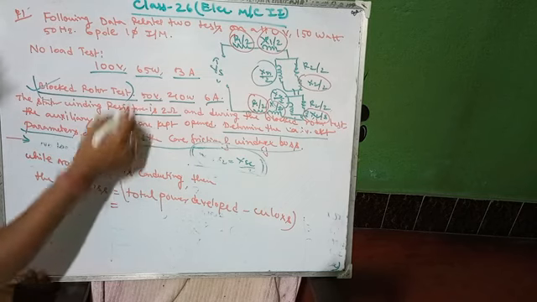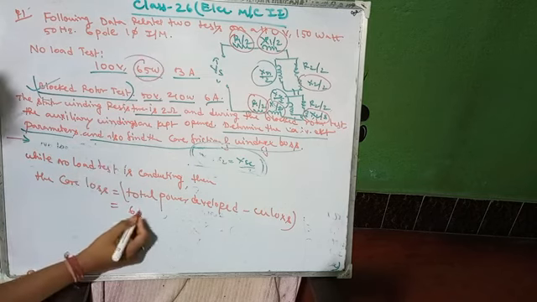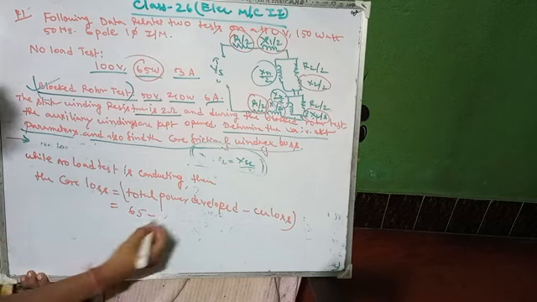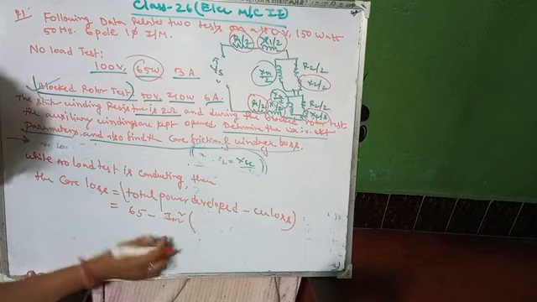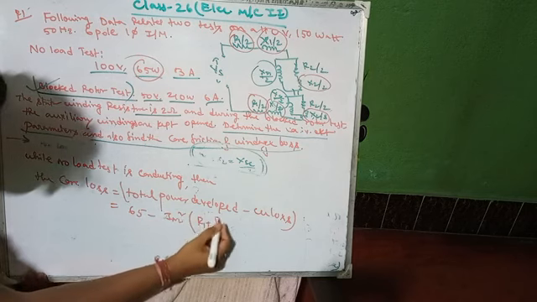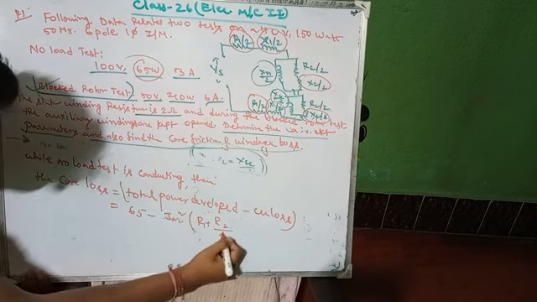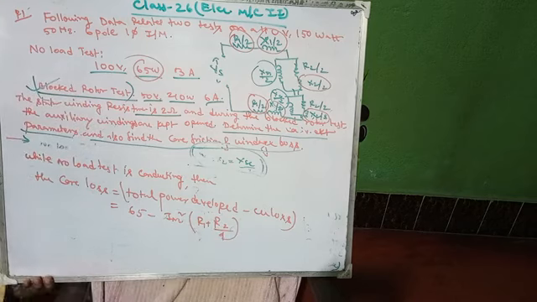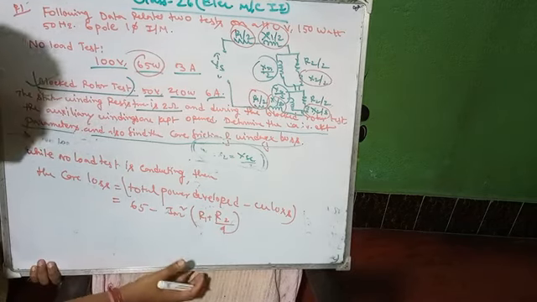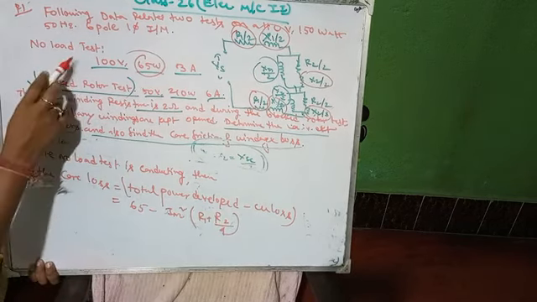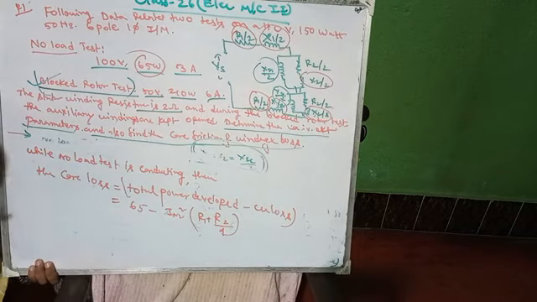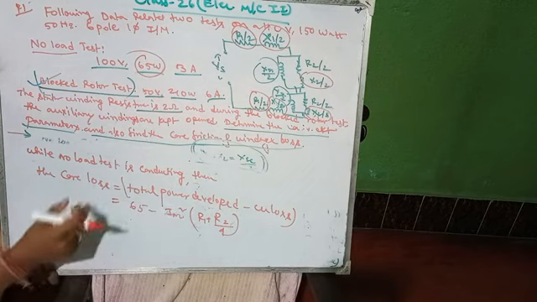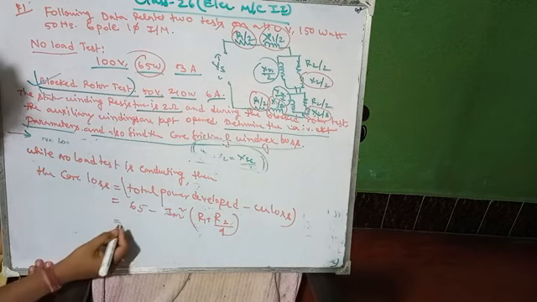So total power equals how much? 65 watt, and copper loss equals INL square into (R1 plus R2 by 4), because from the theory we have calculated that during the no load test, only this resistance is prominent inside the induction machine.